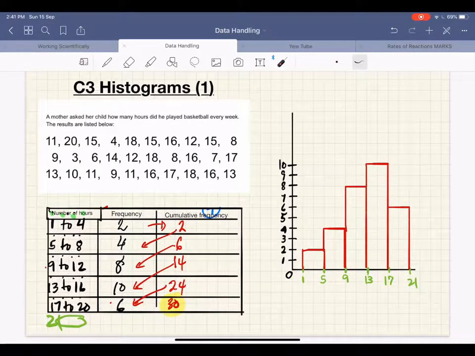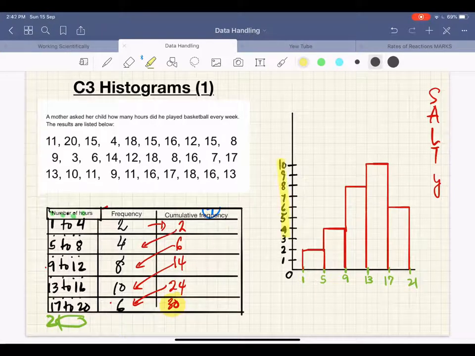What is missing? You always need to make what kind of graph? A SALTY graph. Do we have the scales? Yes, we do have the scales here and here. We have our axes, your y and your x-axis.